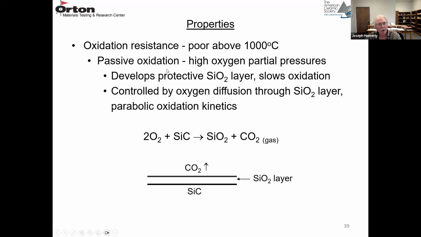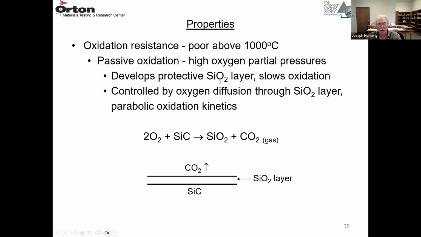So when you have passive oxidation, the silicon carbide reacts with oxygen, forms SiO2, and a CO2 gas comes off. So here's your silicon carbide material below this line. This layer is your oxidized SiO2 layer, and then your CO2 comes off. So the SiO2 layer is a barrier to further oxidation.